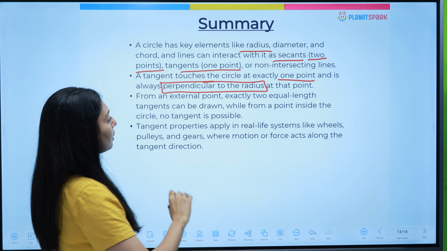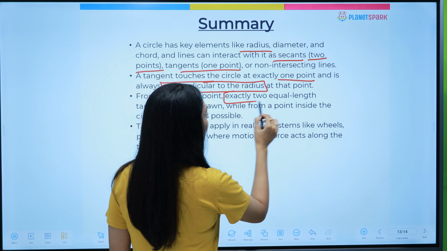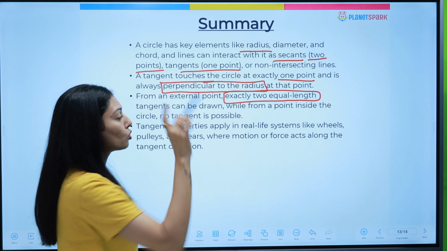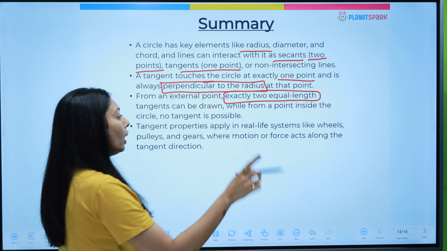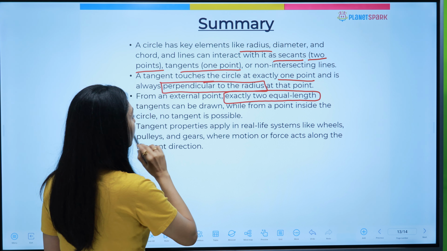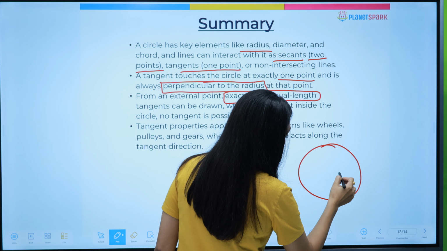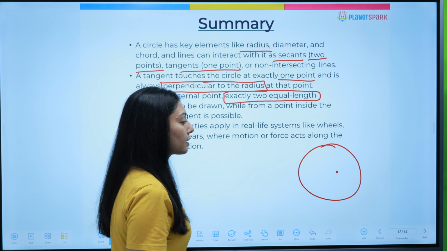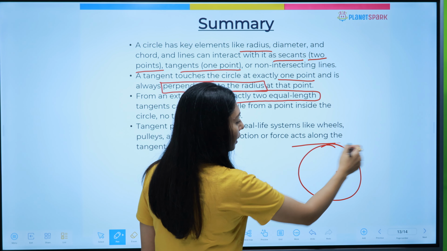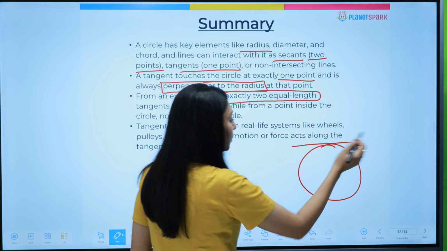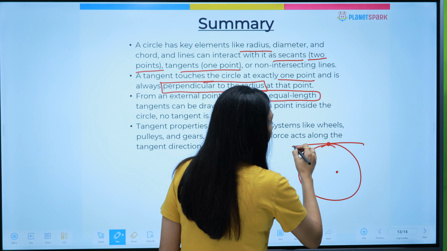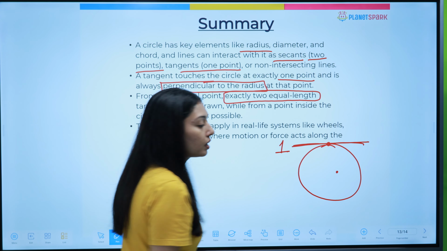From an external point, exactly 2 equal length tangents can be drawn to a circle. While from a point inside the circle, no tangent is possible. Obviously, we have a circle. From inside the circle, if a point is there, can we draw a tangent? Not possible. If the point is on the circle, then through that only one tangent can pass.